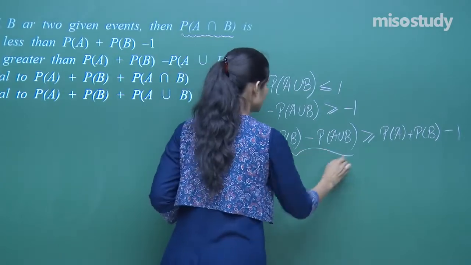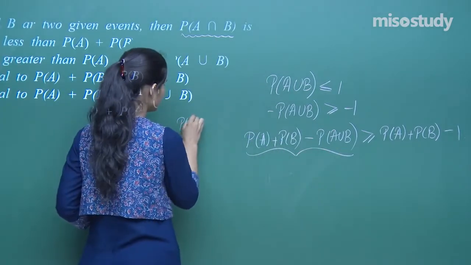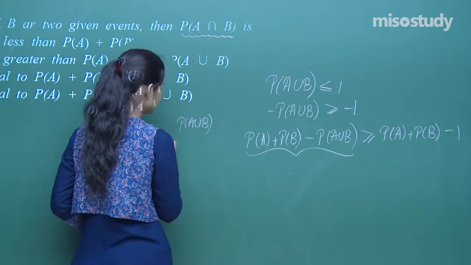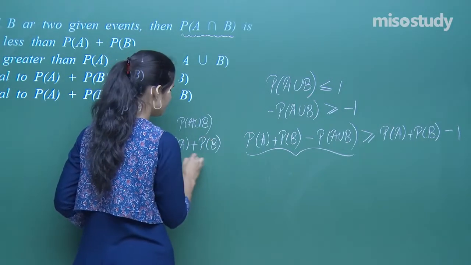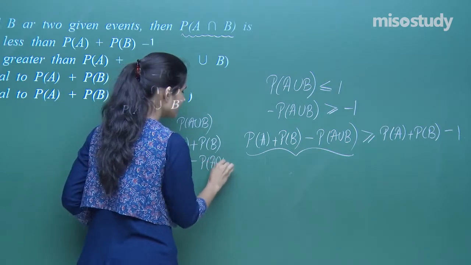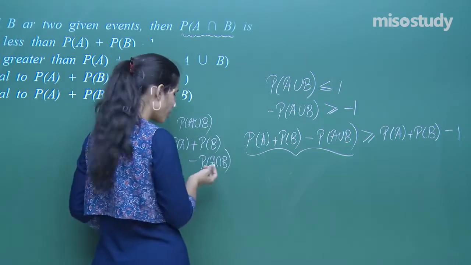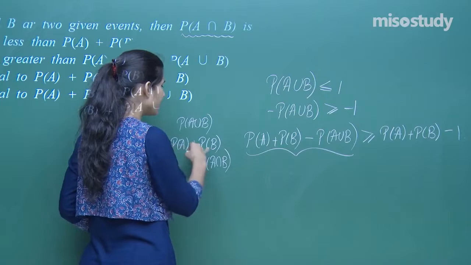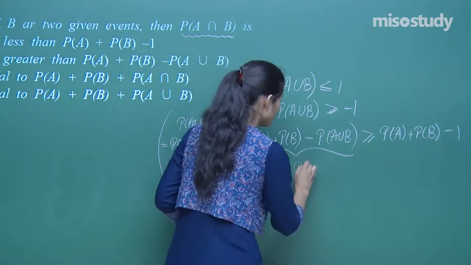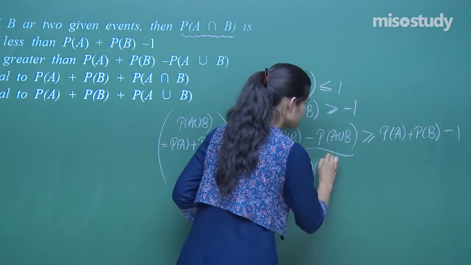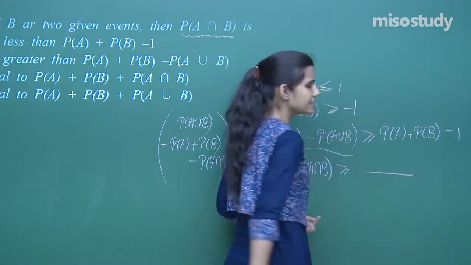Now what is this? If probability of A union B is probability of A plus probability of B minus probability of A intersection B, then probability of A intersection B is probability of A plus probability of B minus probability of A union B. This is nothing but probability of A intersection B, and this is equal to the right hand side.